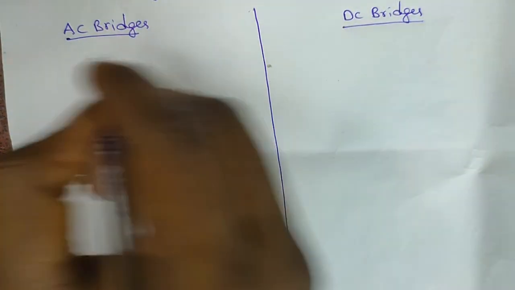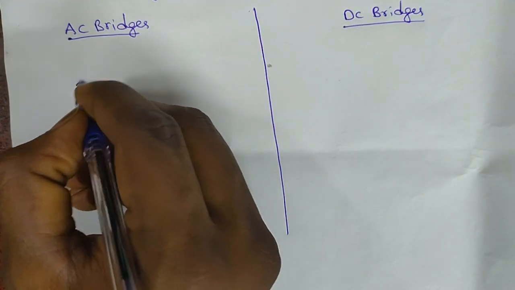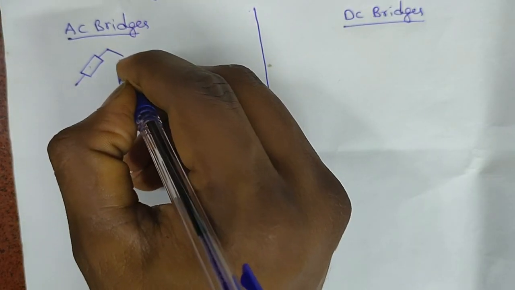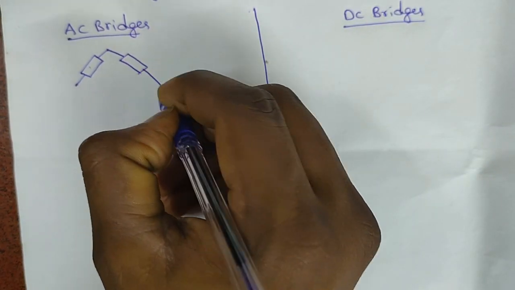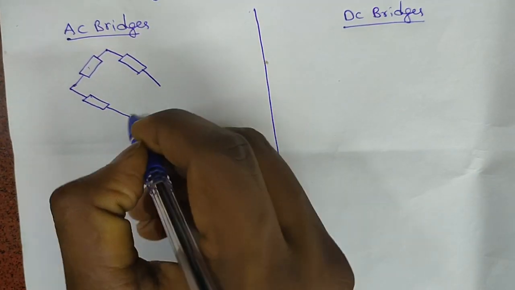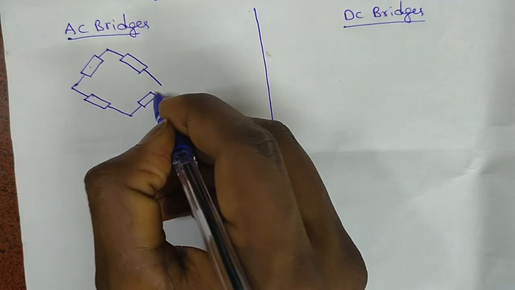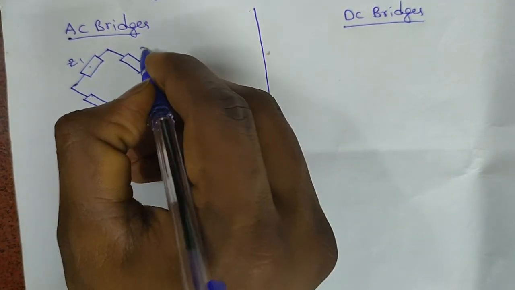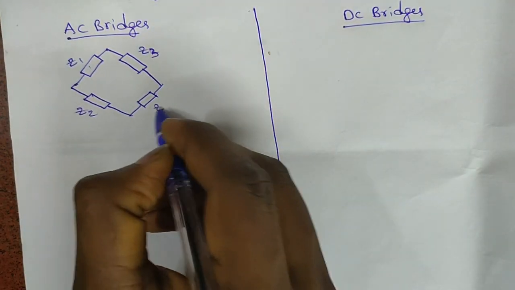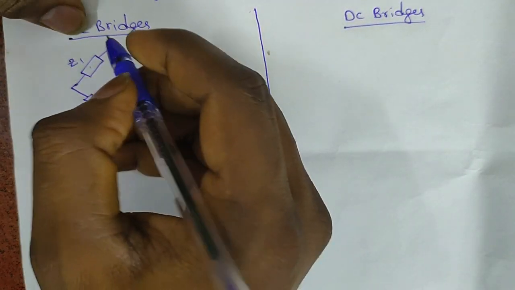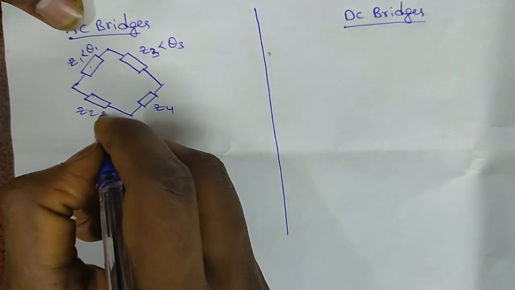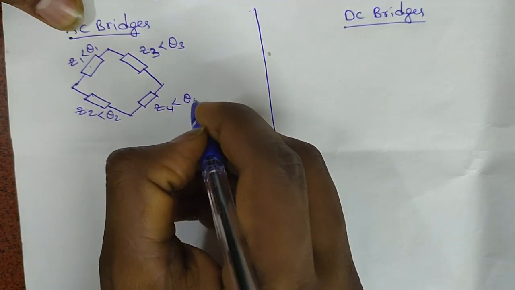For AC bridges, we call the elements impedances. This is Z1, Z2, this will be Z3 and Z4, at an angle theta 1, at an angle theta 3, at an angle theta 2, at an angle theta 4.